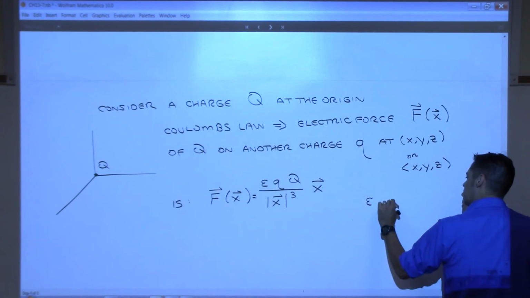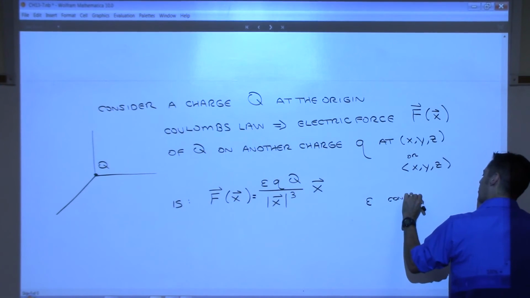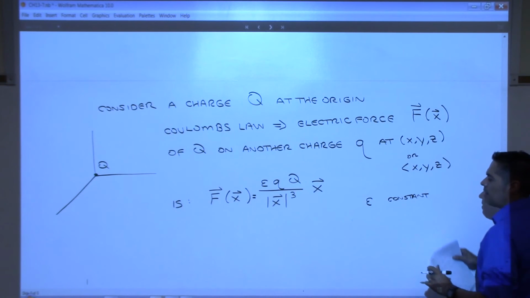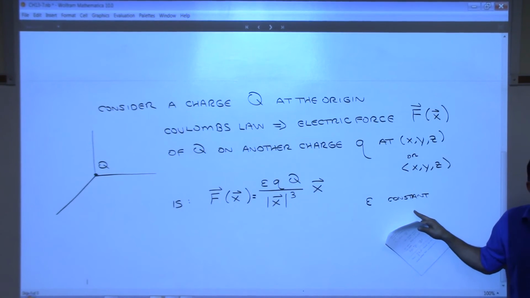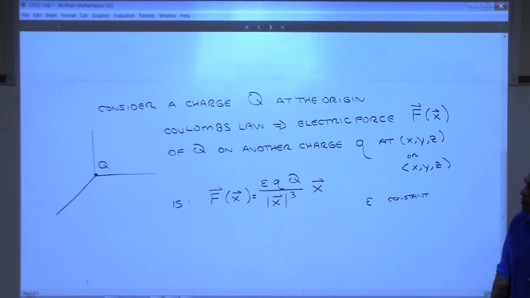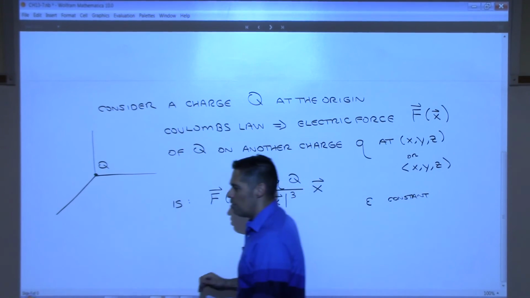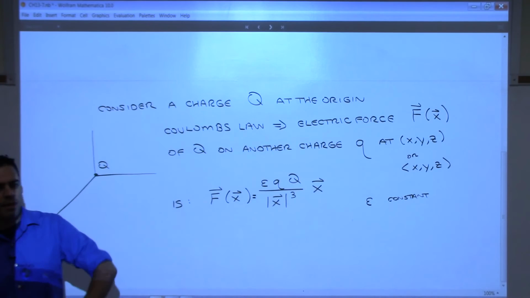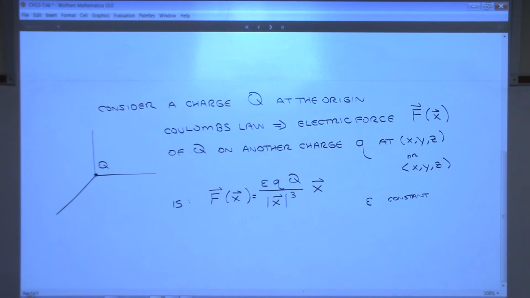Epsilon is a constant, and that constant depends on the units that you want to measure in. What I'm trying to do today with this example is show you a physics problem that there's a formula for, something here in a second that I'm going to derive the formula.